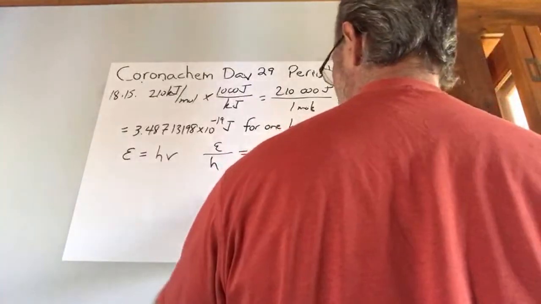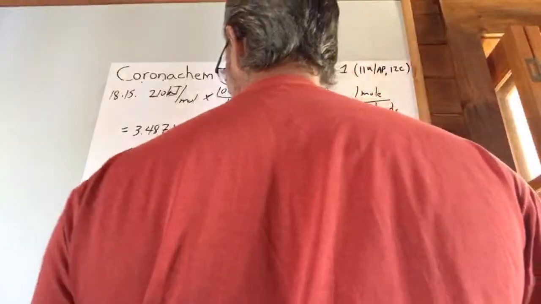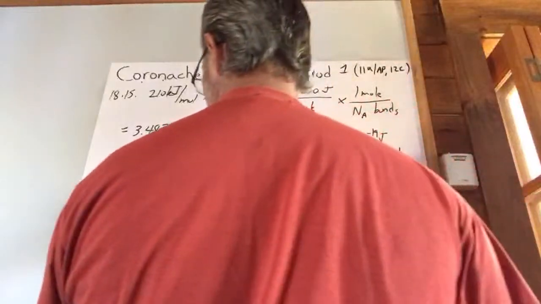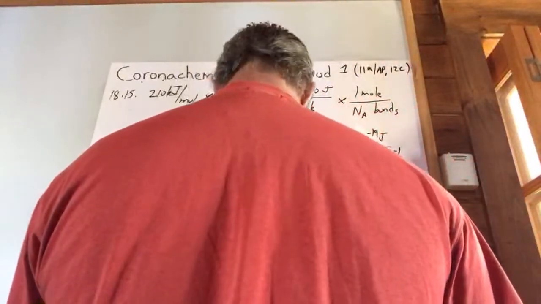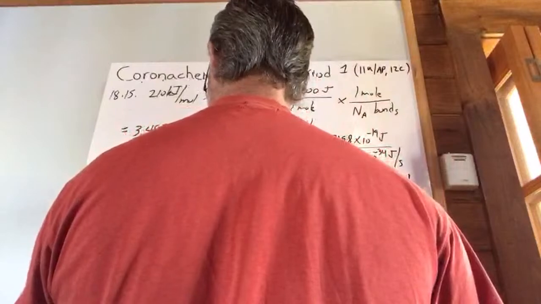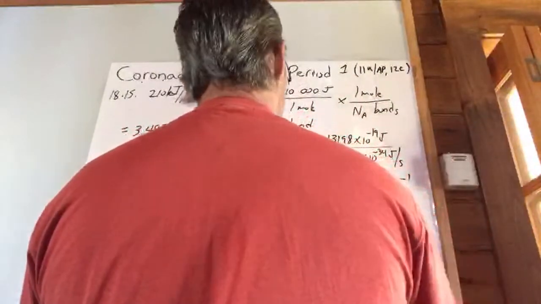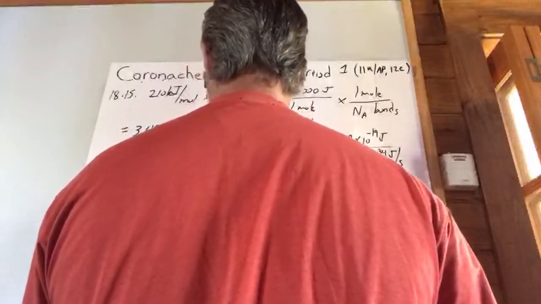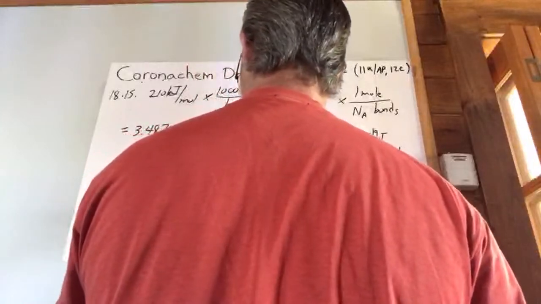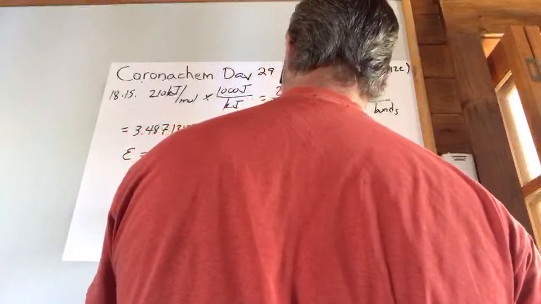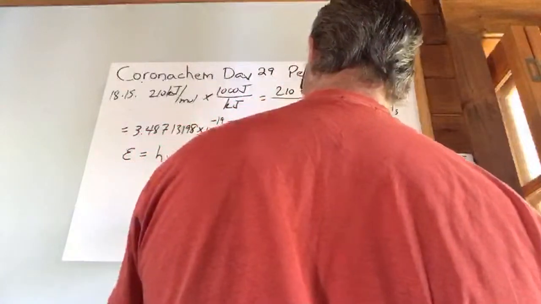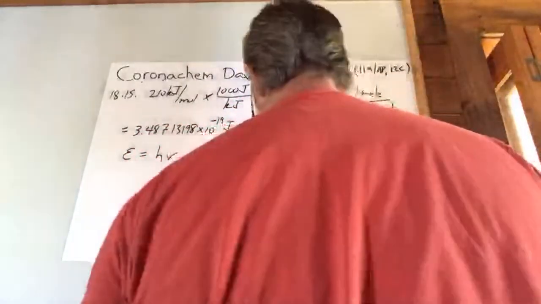So now we use the wavelength, which is represented by this symbol called lambda, times the frequency equals the speed of light. We know the speed of light, and we just figured out the frequency, so we can find out the wavelength by doing this. Therefore, the wavelength lambda is equal to the speed of light divided by the frequency of the radiation.